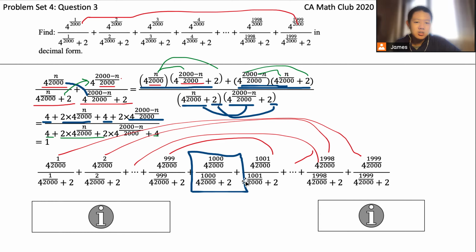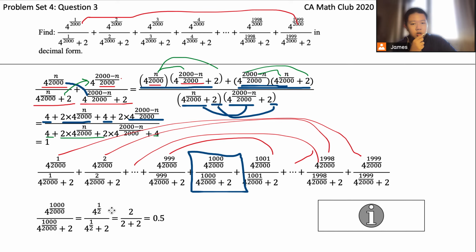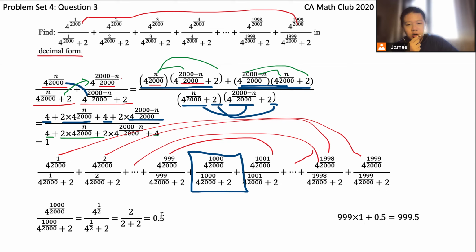But that is pretty simple, because you have 1000 divided by 2000, which is 1 divided by 2. So you have 2 divided by 2 plus 2, which is 2 divided by 4, that's 0.5, because it asks for a decimal form. Now, the pairs run from 1 to 999, so there are 999 groups, and each group's sum is 1.